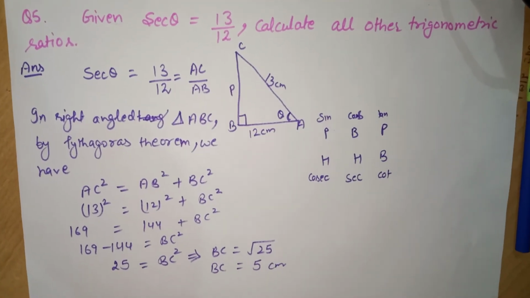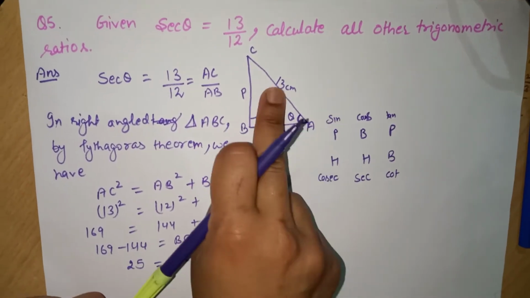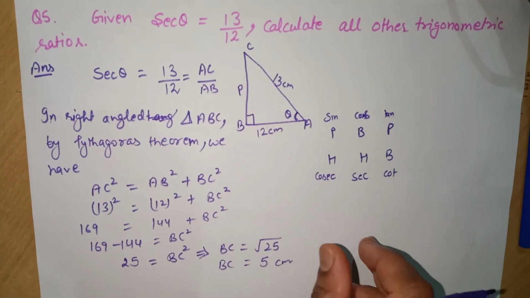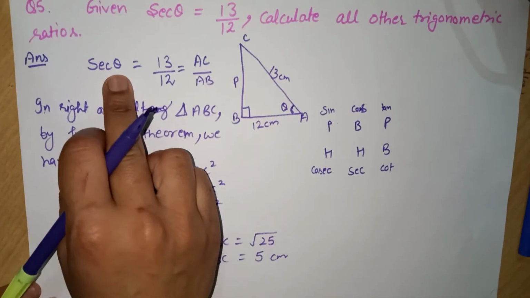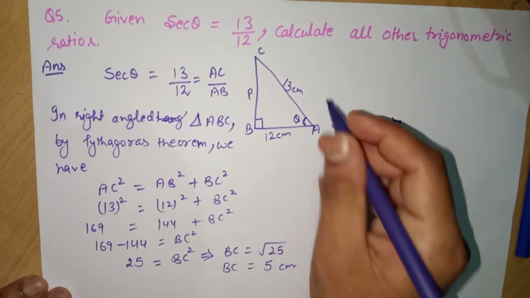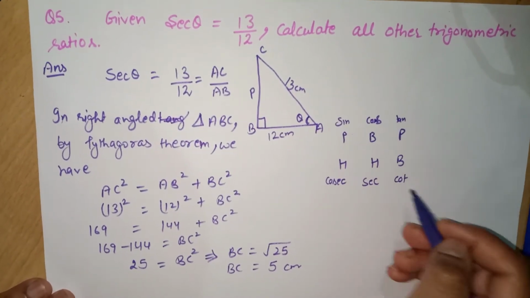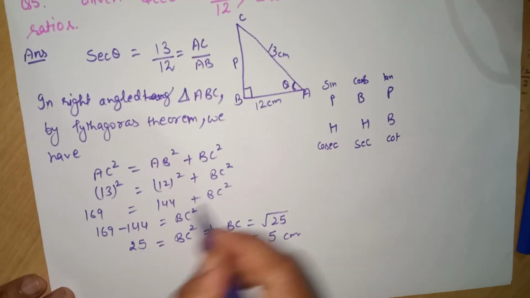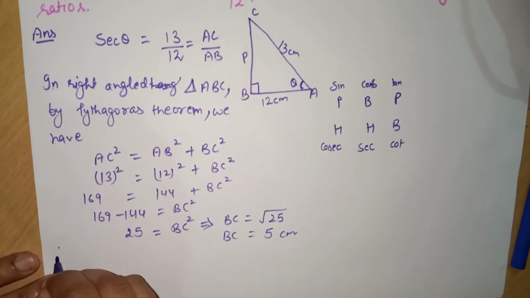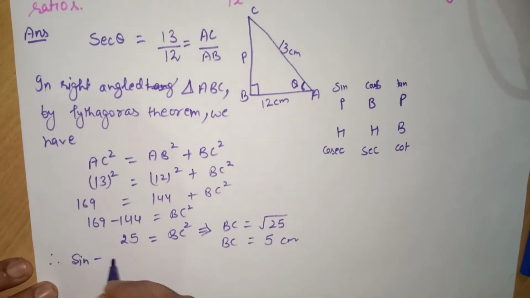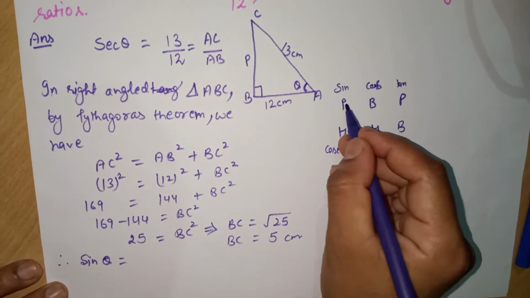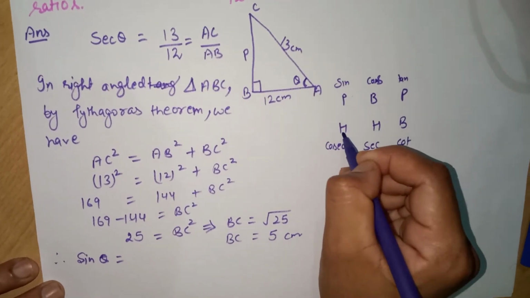Now we have found the values of all three sides of the given triangle. We have the value of secant theta and we have to find the values of sine, cos, tan, cot and cosecant. So let's start. Sine theta. So what is sine theta? Perpendicular upon hypotenuse.